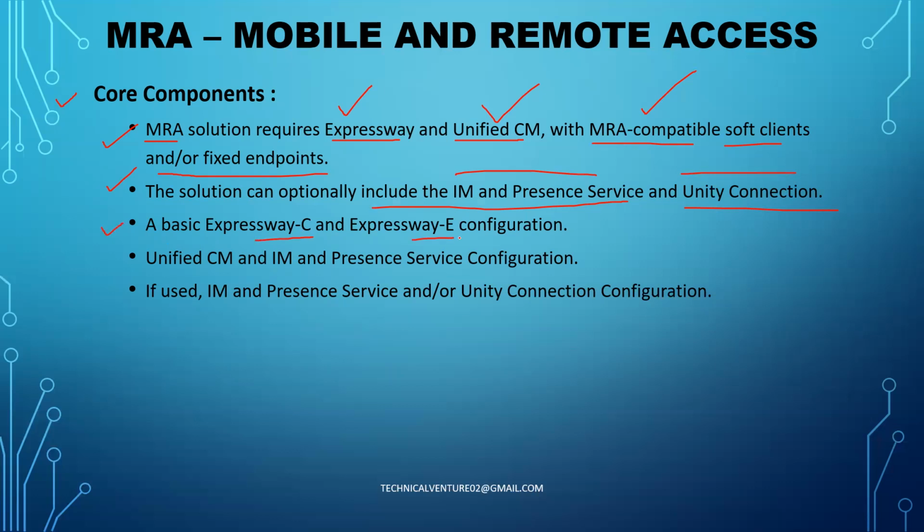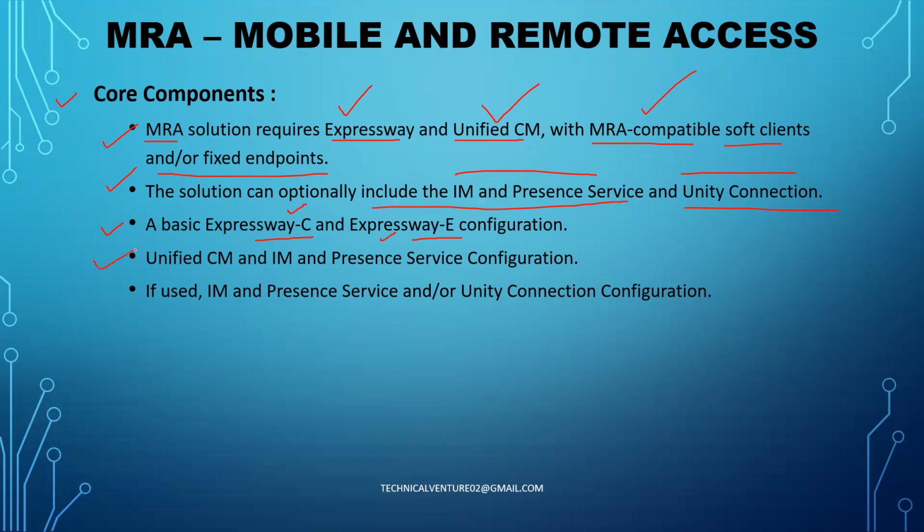Then the normal basic configuration you need to do on the Expressway Core and on the Expressway Edge. You need to enable MRA on the Expressway Core as well as on the Expressway Edge. Next, you need to configure the DNS as well, and your CUCM server details. The CUCM configuration you need to do only on the core, because CUCM connects with the core only, not with the edge.